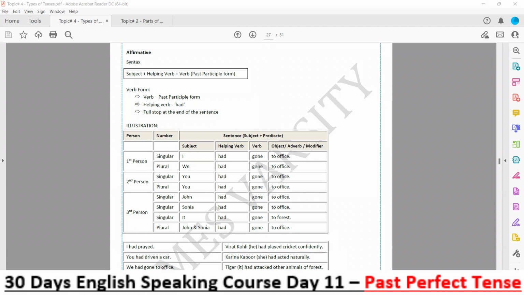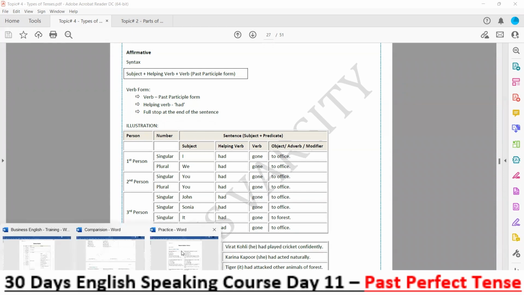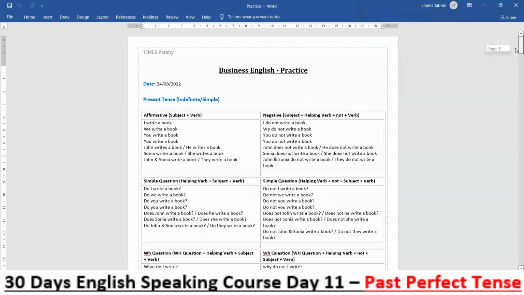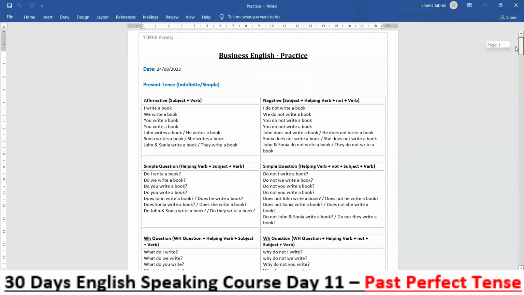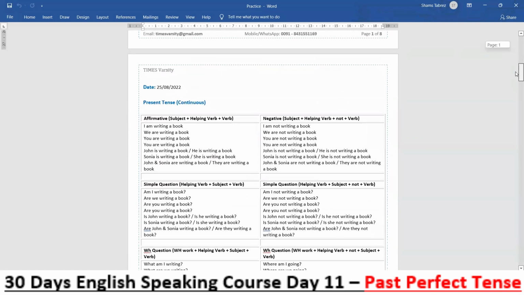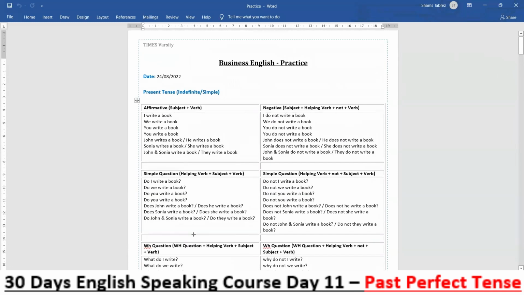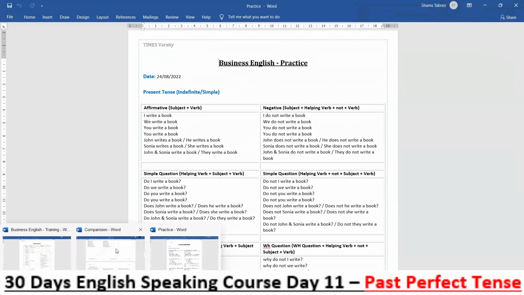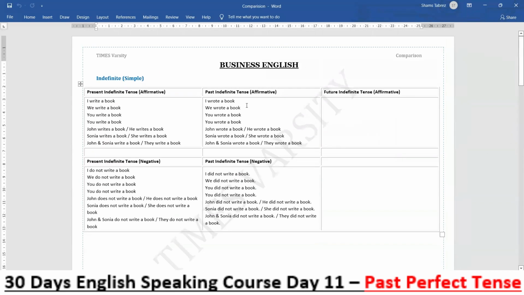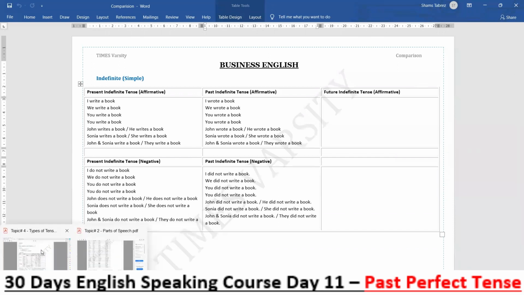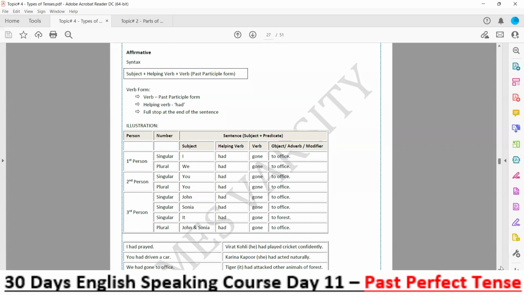Okay, because you see here, in past indefinite, let me show you. Look at the comparison here. So if we say, I had, all right. Okay, please go ahead with this one and then I will explain something else. Yes, rest of the sentences, please.